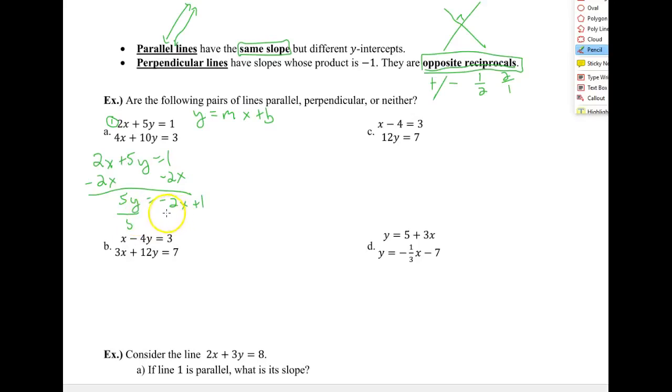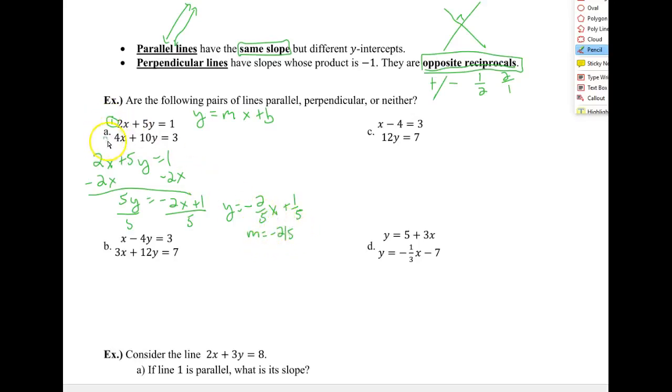Lastly, dividing by 5, I get y equals -2/5 x plus 1/5. So we see the slope here is -2/5.